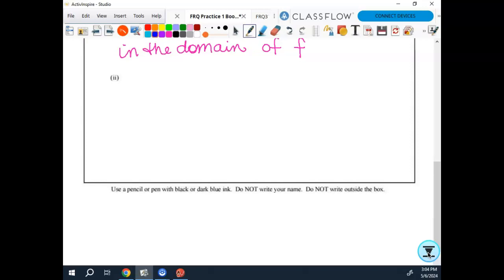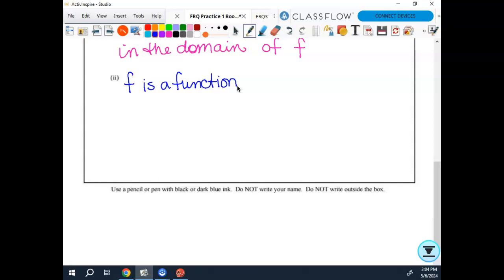So the function that we have, what they gave us, f. I can say, not that I have to say this, but I think this will help you organize your stuff out. So f is a function, because it does say, I didn't even read the question. It says, give a reason for your answer based on the definition of a function and the table of values for f of x.